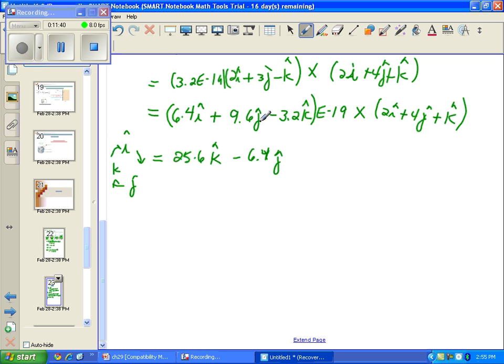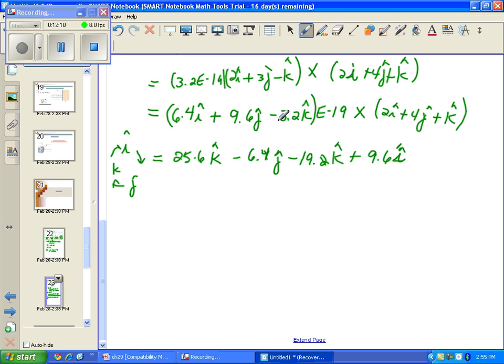Next term, 9.6 j hat cross 2i hat gives us minus 19.2 k hat. 9.6 j hat cross 4j hat, well, that's just 0. 9.6 j hat cross k hat gives us plus 9.6 i hat.